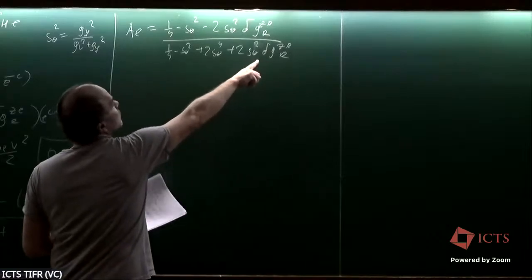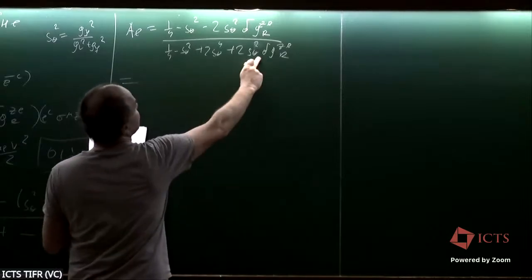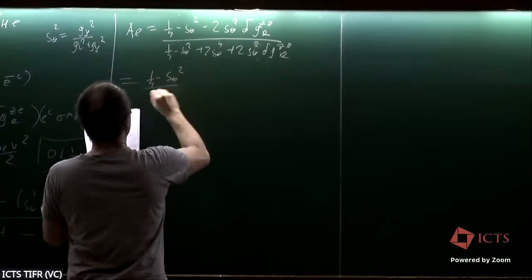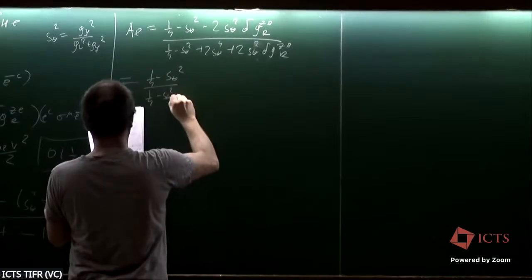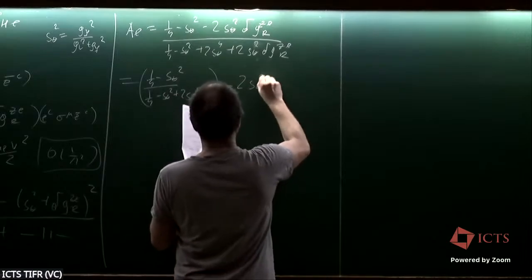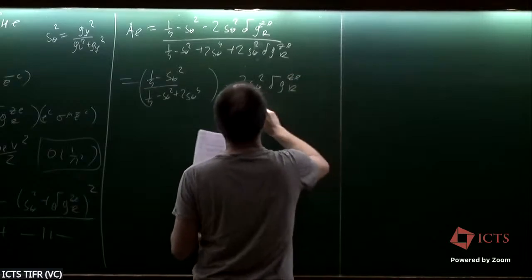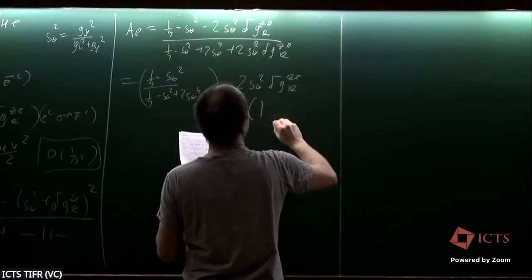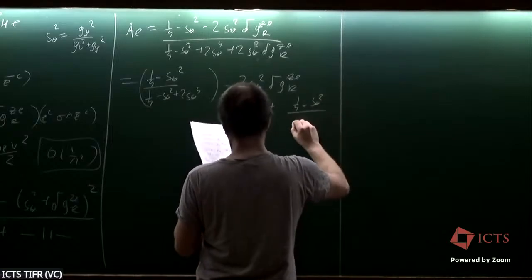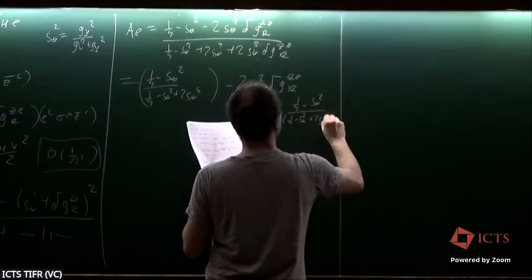And now we also have to take it out of the denominator. So we'll have 1/4 minus s theta squared over 1/4 minus s theta squared plus 2 s theta to the fourth, and minus 2 s theta squared delta g ZER times a factor, squared, divided by 1/4 minus s theta squared plus 2 s theta to the fourth, squared.